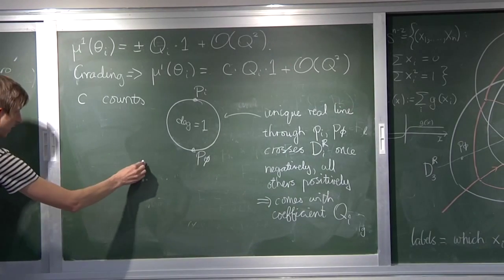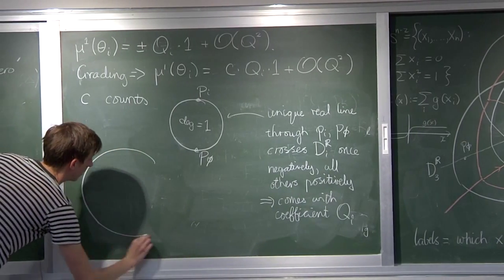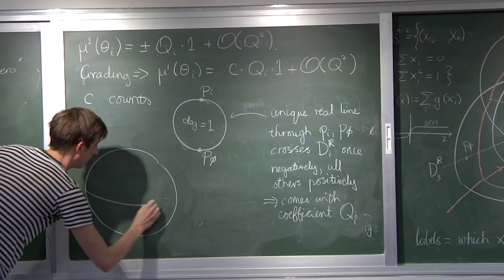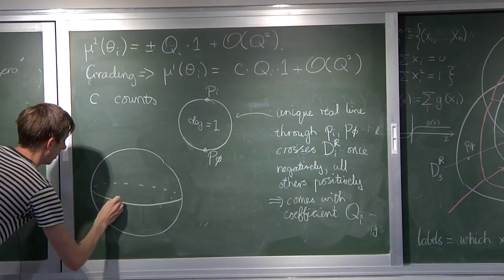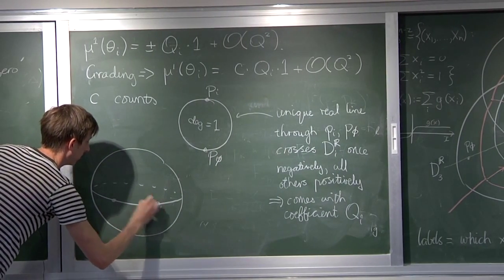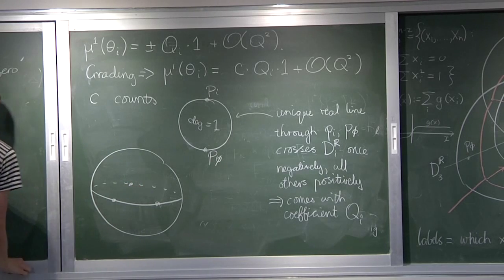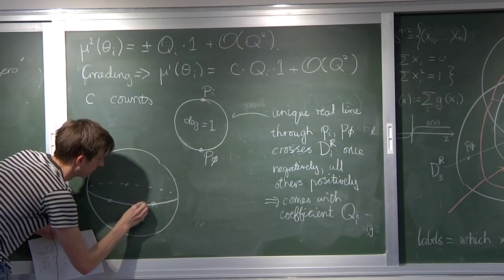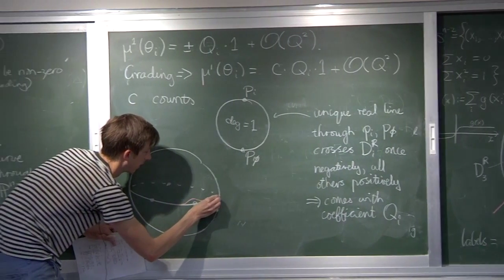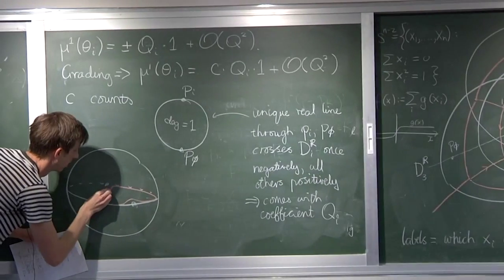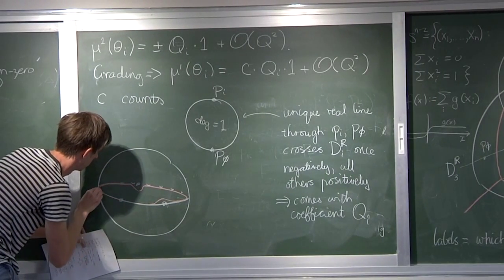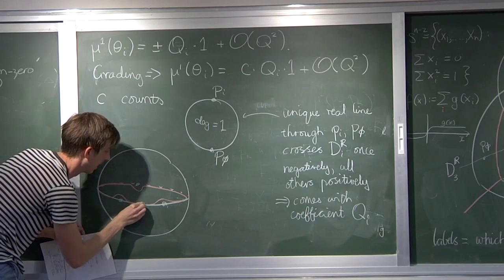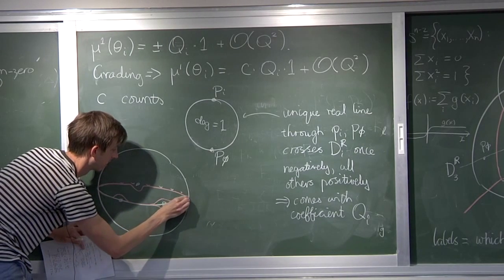So this is the one I drew, this picture of the pair of pants in dimension 1. And this Lagrangian kind of goes sort of in and out between the divisors like this.